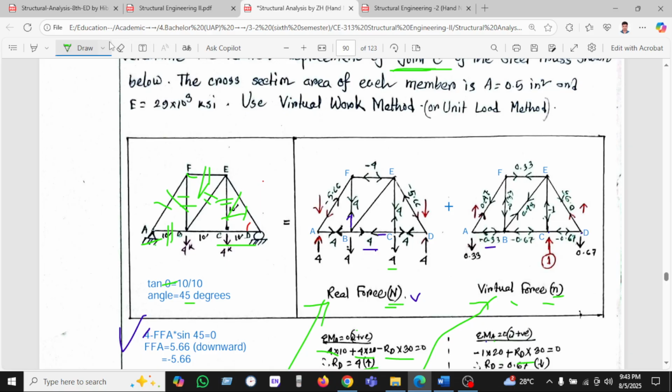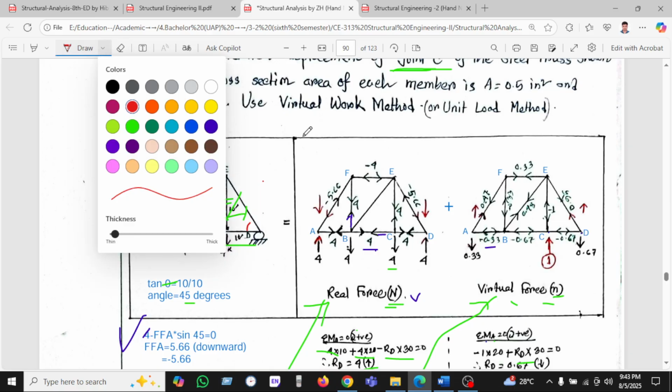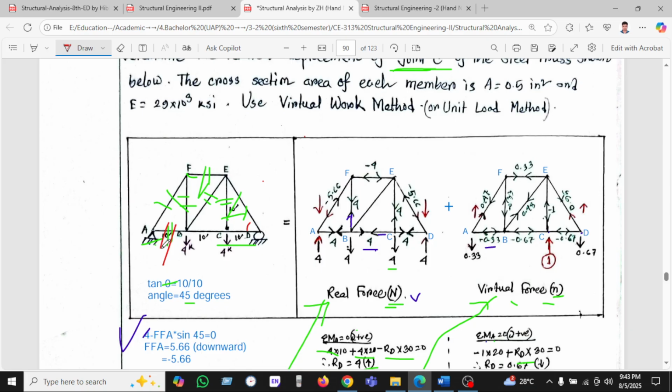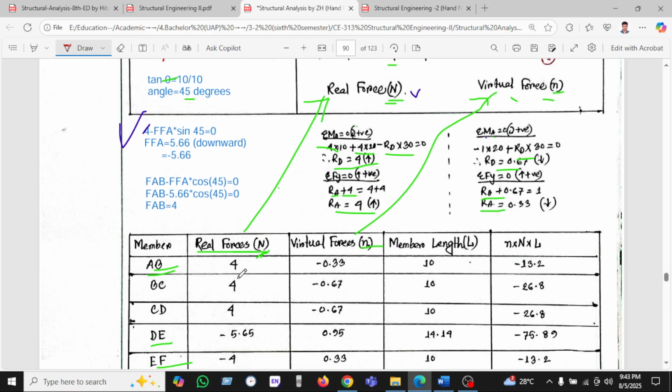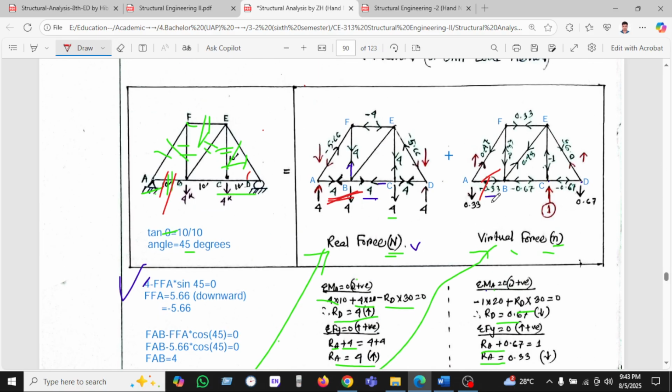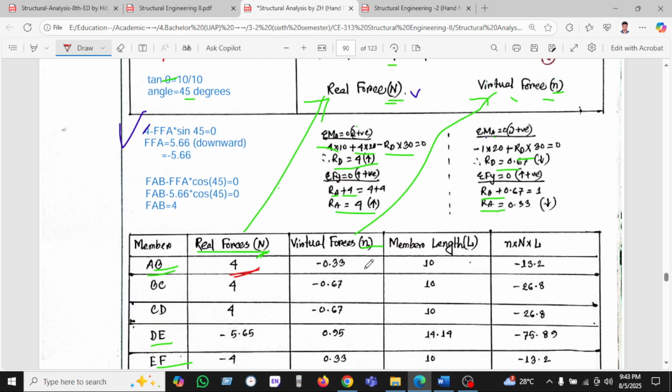I'm just changing color. This is FAB, the first force. So the real force FAB we found was 4. I'm sorry, erasing here. So 4 is here. We take 4 here, and the virtual force we found is 0.33, minus 0.33, so minus 0.33 is here.